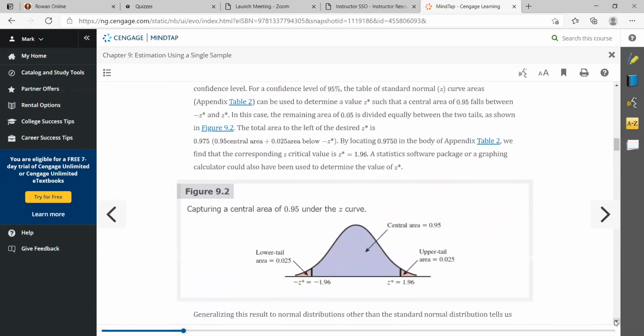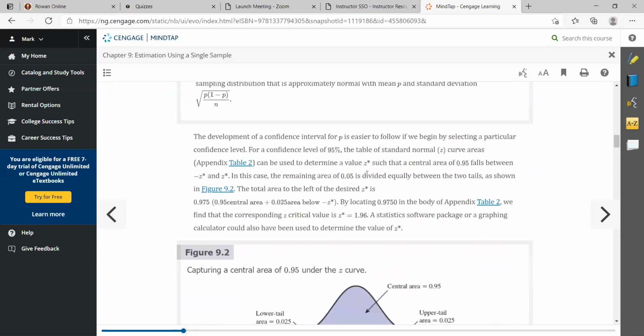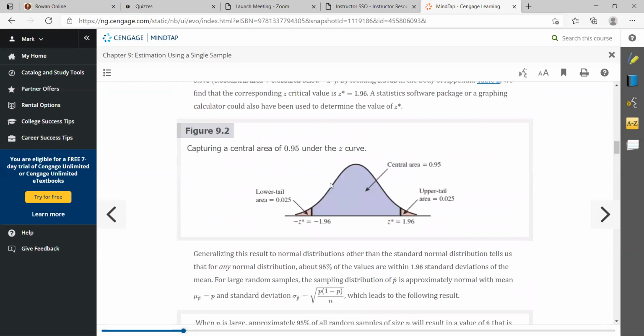All right. Now, if the confidence level is 95%, and the sampling distribution is normal, then you will draw your normal curve for the sampling distribution, and you will block off the middle 95%.